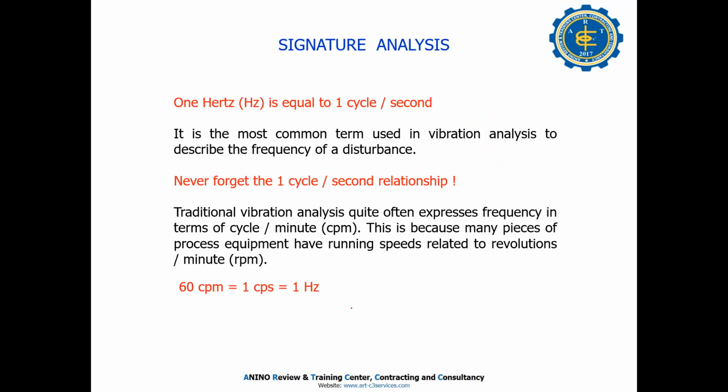In signature analysis, 1 hertz equals 1 cycle per second. It is the most common term used in vibration analysis to describe the frequency of the disturbance. If you don't know how to get the frequencies, you are not a condition monitoring technician or analyst.